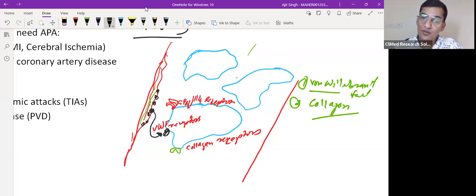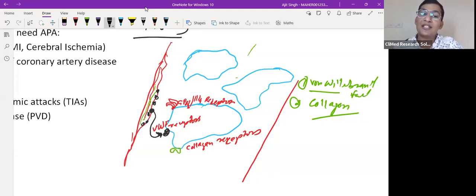This VWF will come to the receptor and get attached. On one platelet there are not only thousands but millions of receptors. I'm just showing you a few, but there are millions of receptors on the platelet. So these factors will come and bind here.